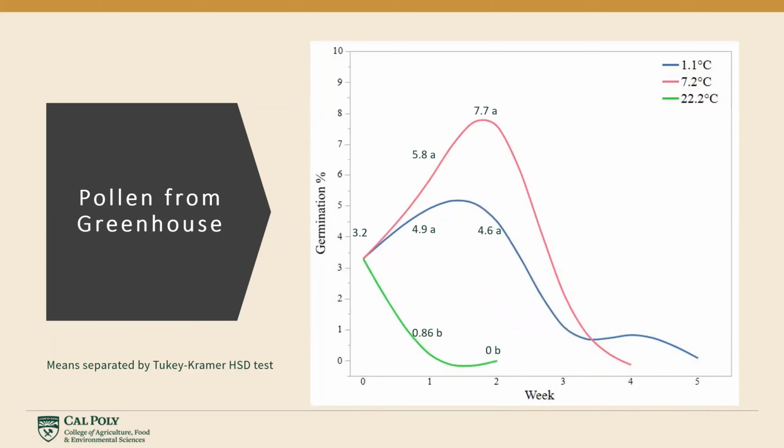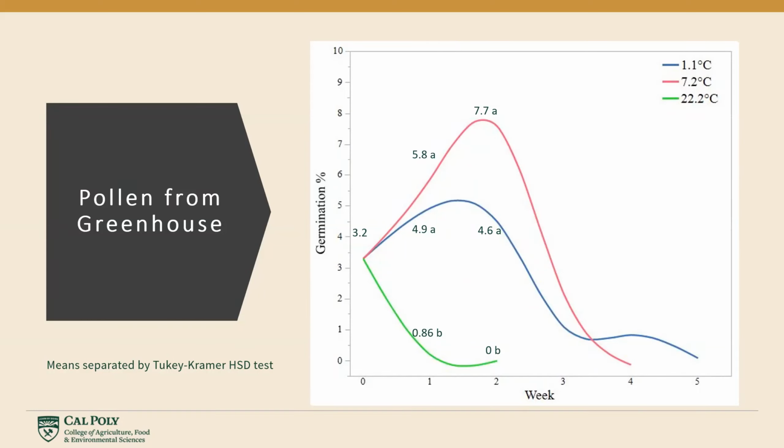So now looking at the storage results from pollen from the greenhouse trial, the average initial germination percentage of pollen from all treatments was 3.2% germination. 1 week after storage at 1.1 degrees Celsius, there's an increase to 4.9% germination.